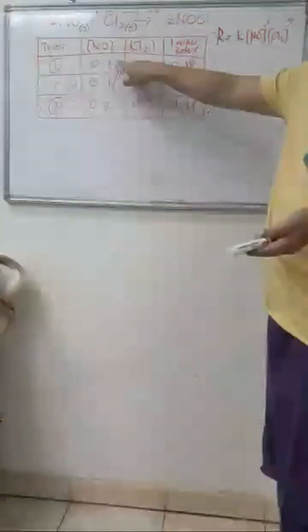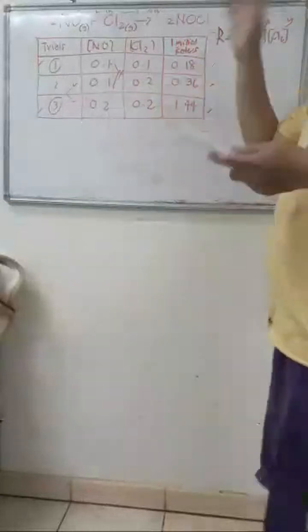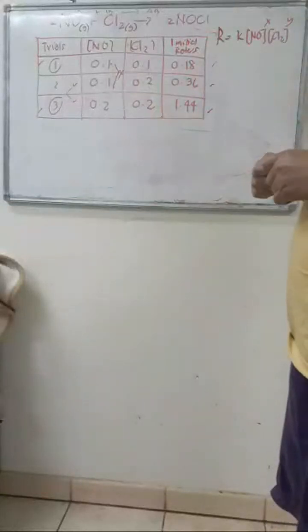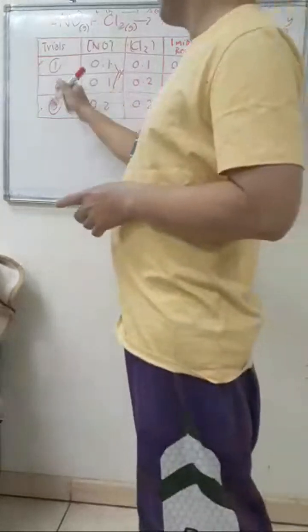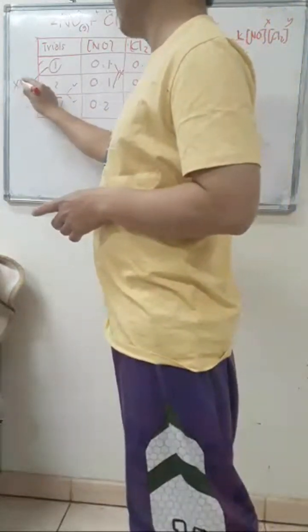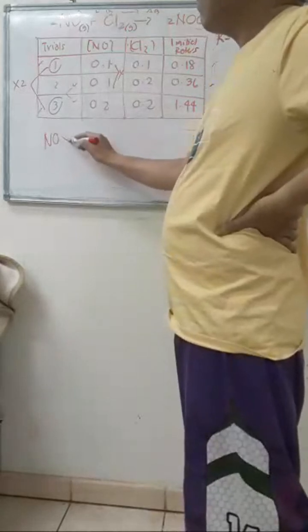I teach you the first method how to do it. 0.1 times 2 will be 0.2. If you multiply this initial concentration by 2, the answer will be 0.2. That's why it is times 2. So 1 and 3 is times 2. You need to say your concentration of NO is multiplied by 2.